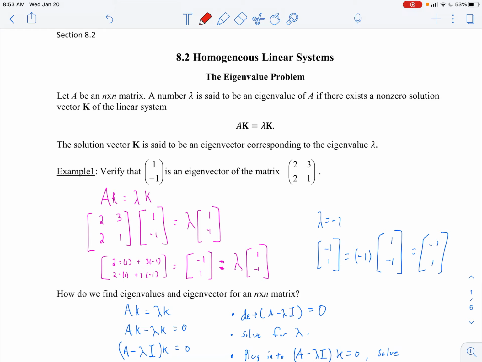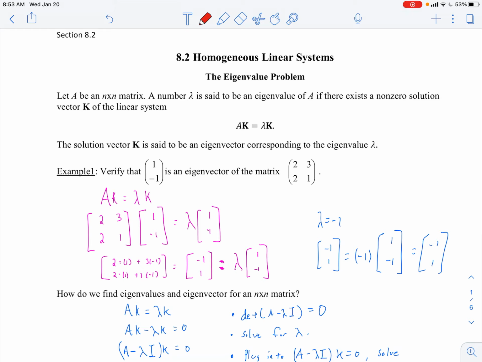So if we let A be an n by n matrix, a number lambda is said to be an eigenvalue of A if there exists a non-zero solution vector K of the linear system. So again, the K is going to be a solution to our differential equation, but the K cannot be the zero vector, cannot be 0, 0.